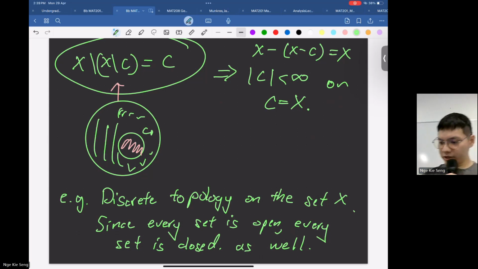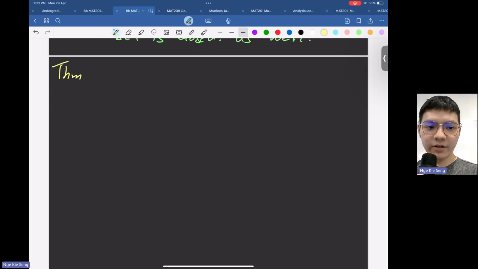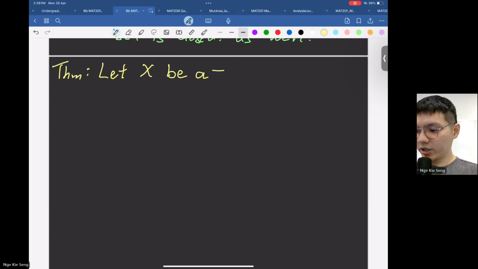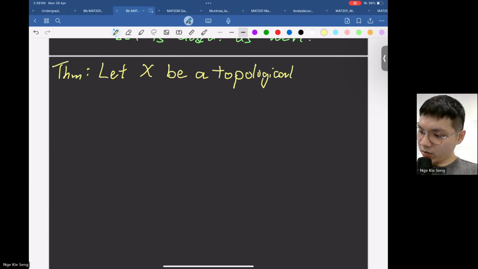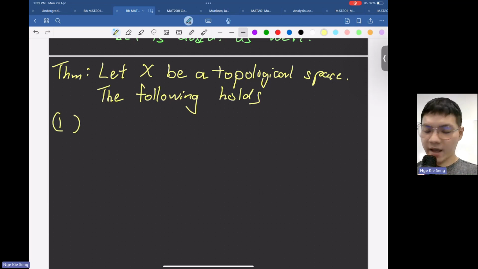Right. So next, recall the familiar theorem we have, but we will replace every open with closed. So let X be a topological space. The following holds. First, the empty set and the whole space are closed.